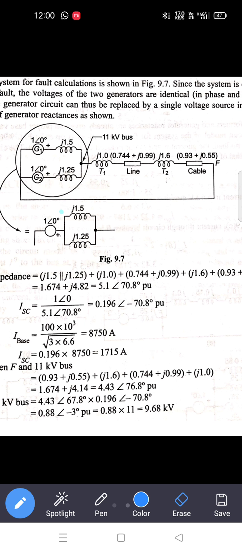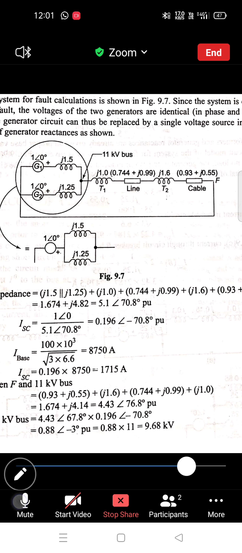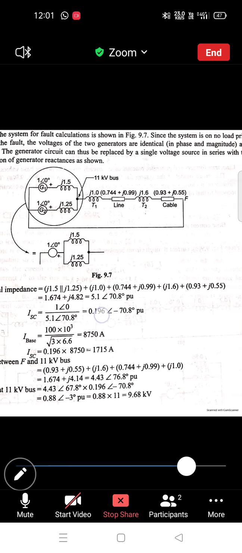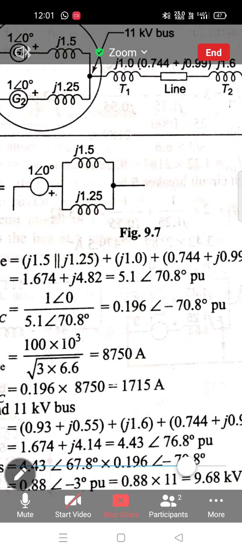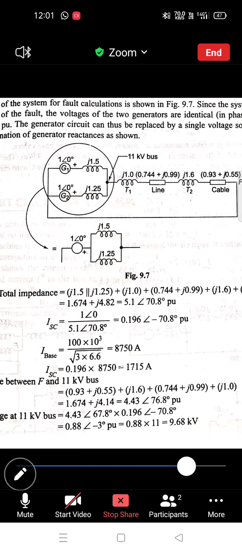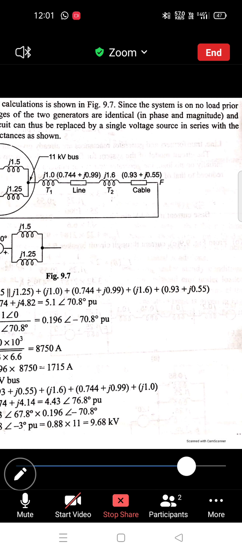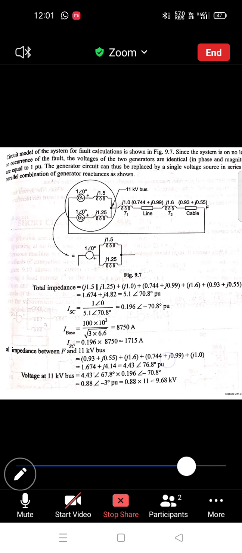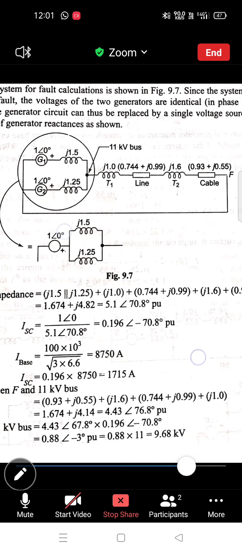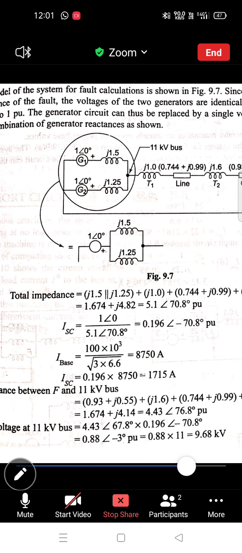So here we have j1.5 parallel to j1.25 and all other impedances we just add up. The total impedance which we get is 5.1 at an angle of 70.8 in per unit system.